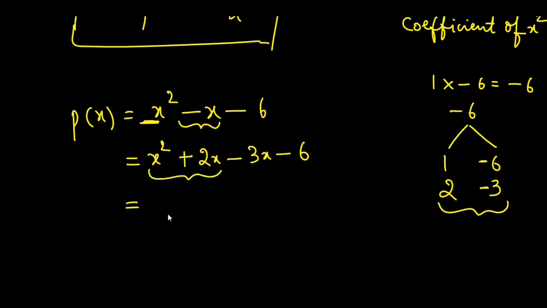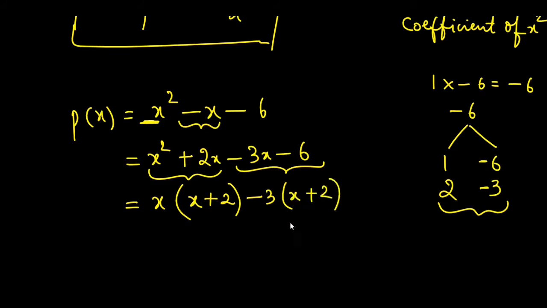Out of these two terms, x is a common factor. So taking x as a common factor, we remain with x plus 2. Out of these two terms, minus 3 is a common factor. So taking minus 3 as common factor, we remain with x plus 2.